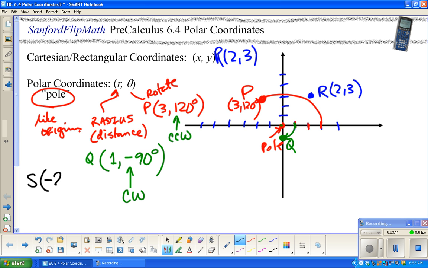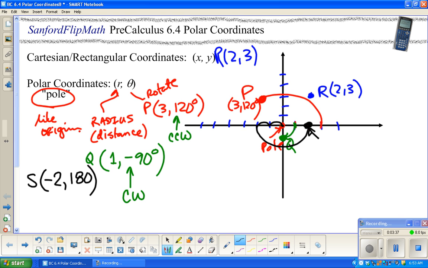Let's do (-2, 180). Negative 2 means that instead of going along the positive x-axis, we go negative 2, and then 180 degrees is still counterclockwise. So here's 90, and here's 180, something like that.